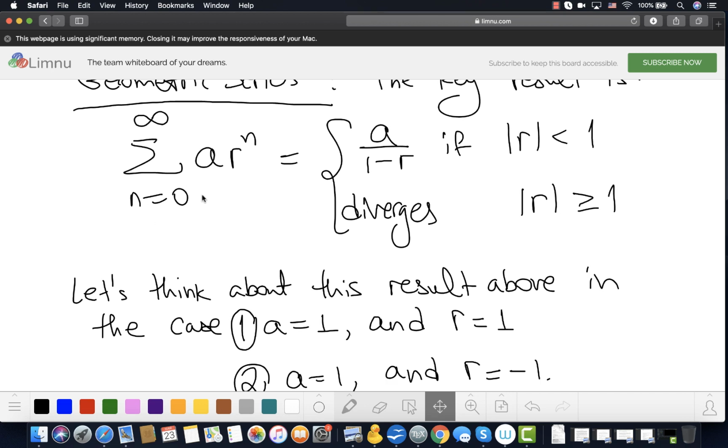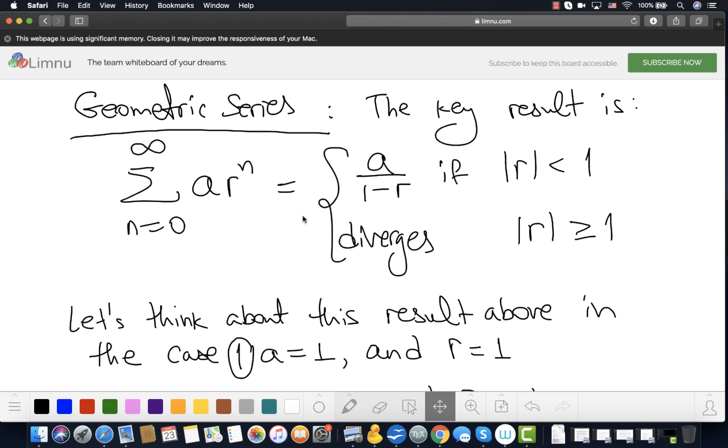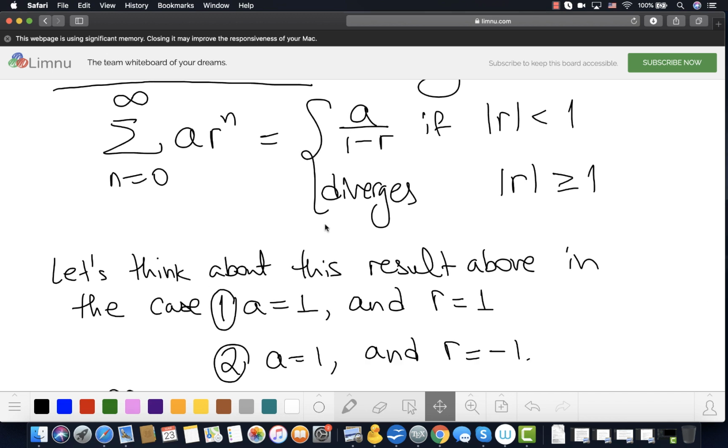If the index starts at 1 instead, the formula still works as long as you interpret a to be the first term. Anyway, we have seen enough of geometric series already in chapter 1.